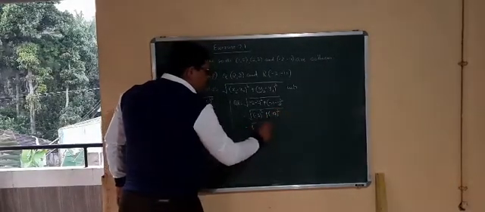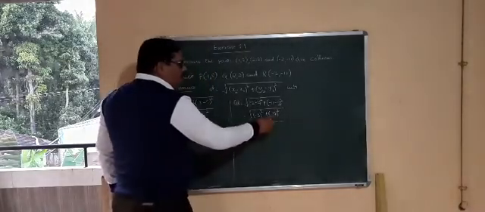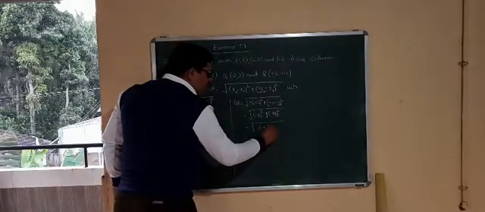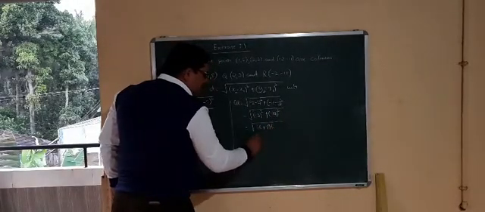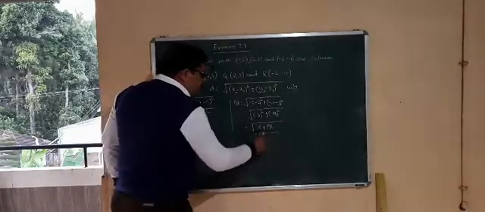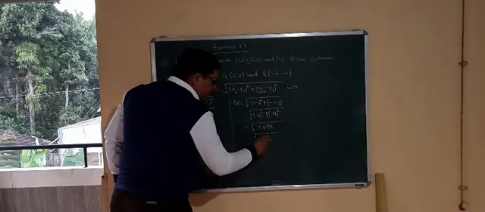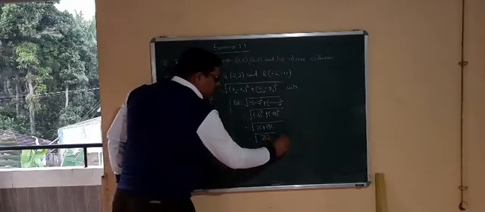So minus 4 square plus minus 14 square. Minus 4 square is 16 plus minus 14 square is 196. When we add these two numbers, it becomes root of 212 units.